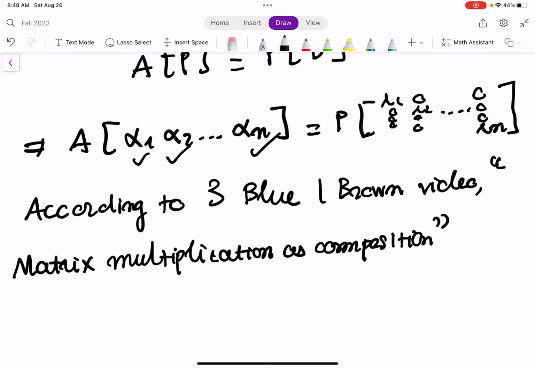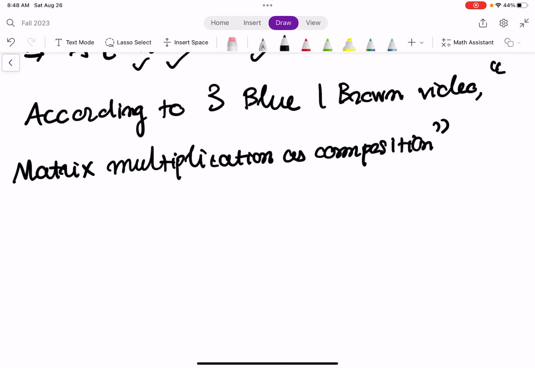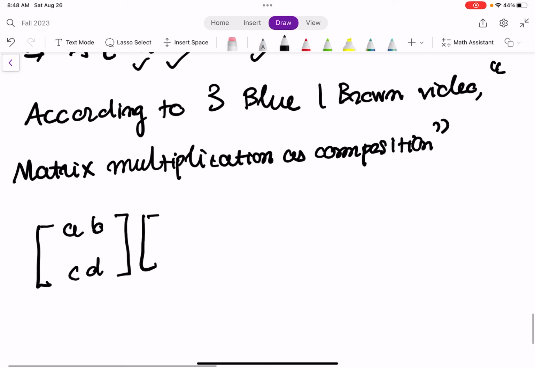So what did he do in the video? Let's say you have a 2 by 2 matrix A, B, C, D, and you want to multiply it with a 2 by 2 matrix E, F, G, H. Instead of using the formula, the intuitive way is doing this.